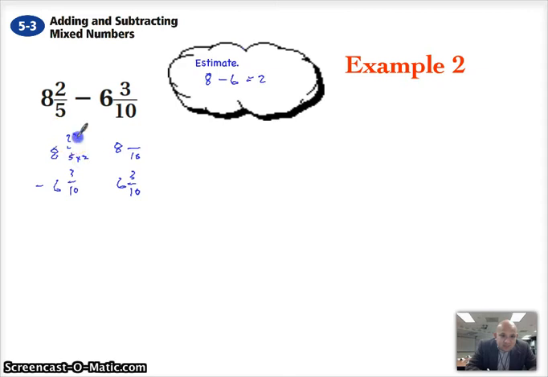I multiplied by 2, so I need to multiply the top by 2. 2 over 2. 2 times 2 is 4. So now I have 8 4/10 minus 6 3/10. Subtract the fractions first. 4 minus 3 is 1. The tenths stay the same. Then 8 minus 6 is 2. 2 1/10. Is that close to 2? Absolutely.